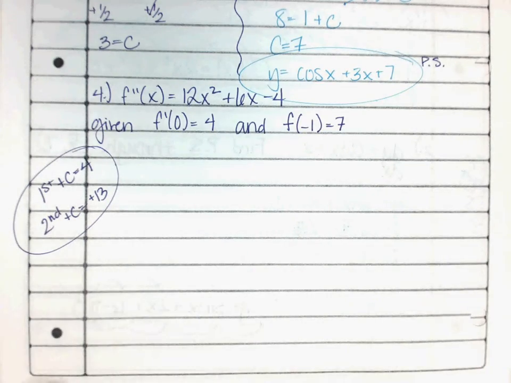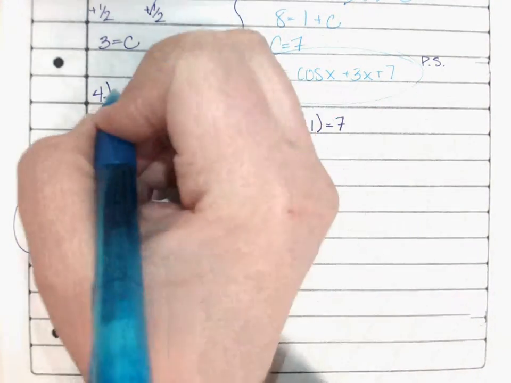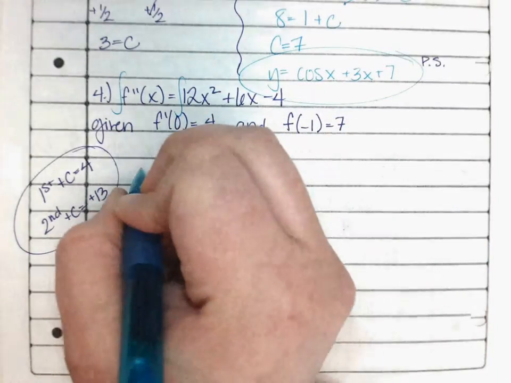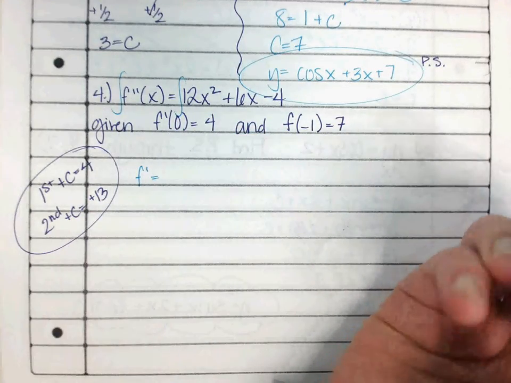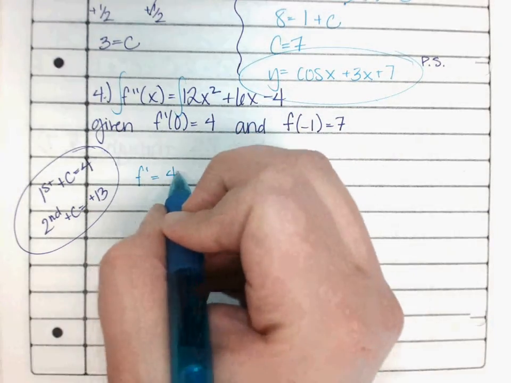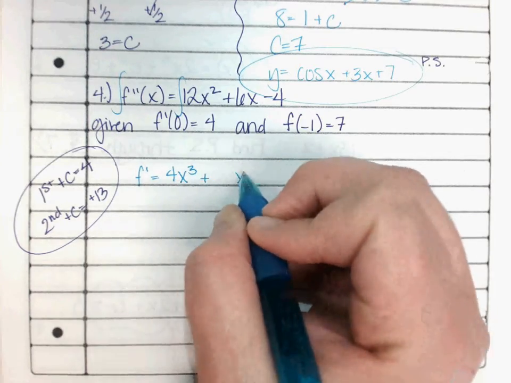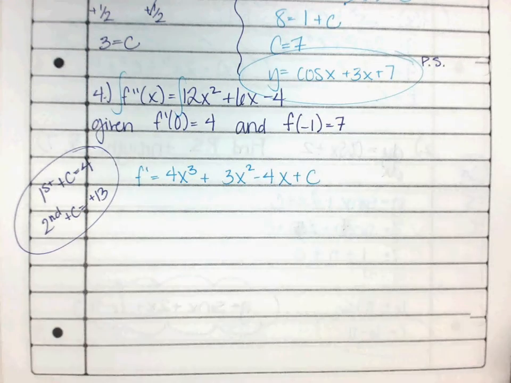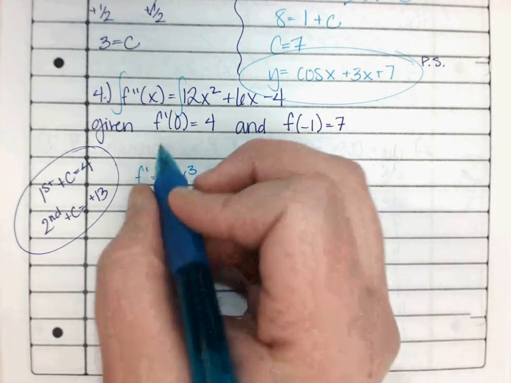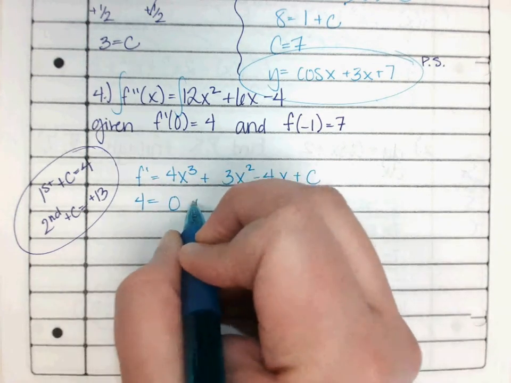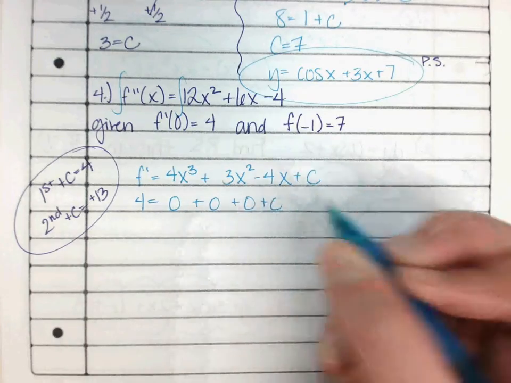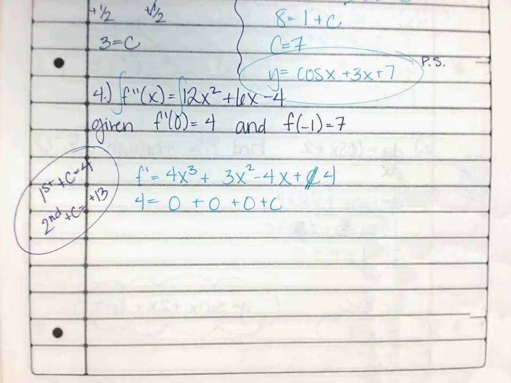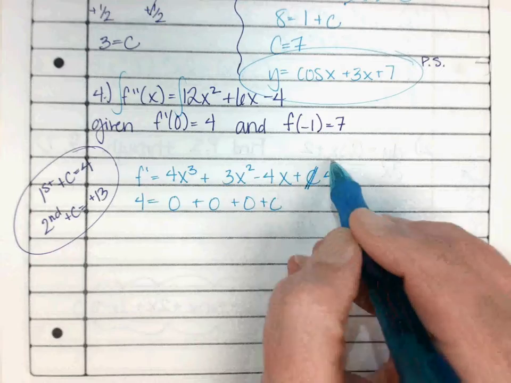Y'all getting it? Okay. So, integral f prime equals your first derivative should have been 4x^3 plus 3x^2 plus 4x plus c. Answer should be 4 when you plug in 0, so c is automatically 4.